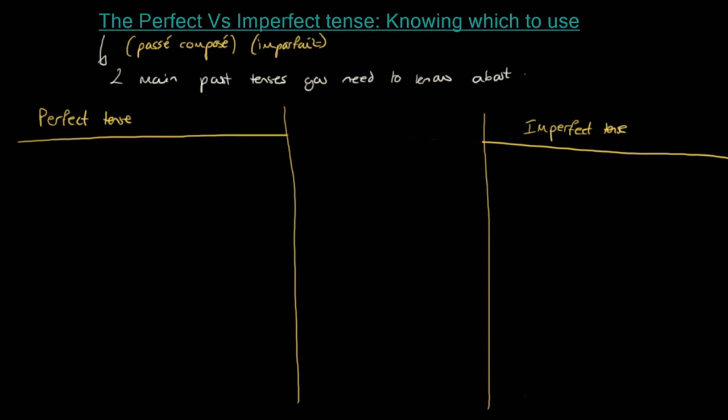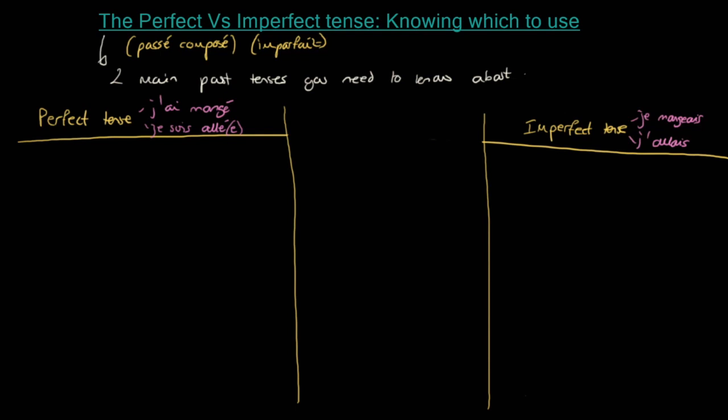So the perfect tense, your passé composé, to remind ourselves, is things like j'ai mangé, j'ai fini, je suis allé. That's that past tense. If you can't remember this tense, do go back and watch the tutorials on it. Whereas the imperfect tense would be things like je mangeais or j'allais. Again, if you're unsure of that, do go back and watch the tutorials on the imperfect tense.